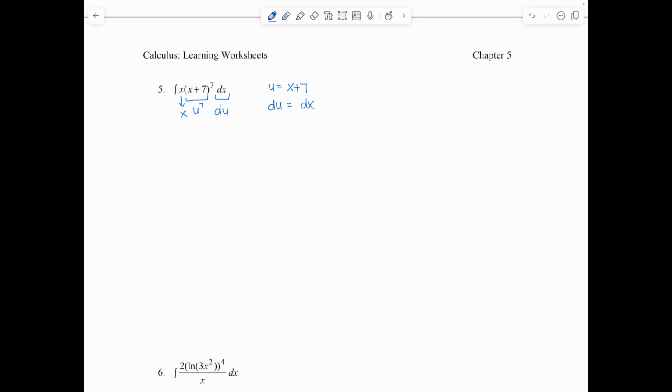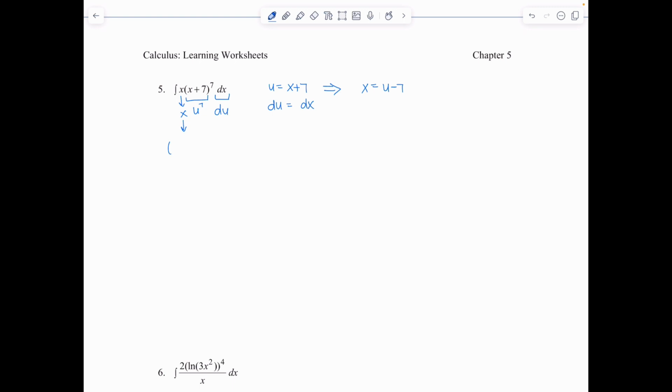So I'm going to use kind of a similar tactic as the last example. I'm going to rewrite what we call u in terms of x to find out what I can substitute in for x. So x is going to give me u minus 7. And that's what we're going to plug in here.